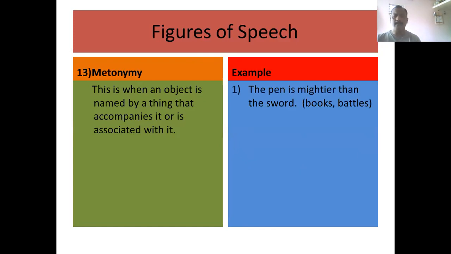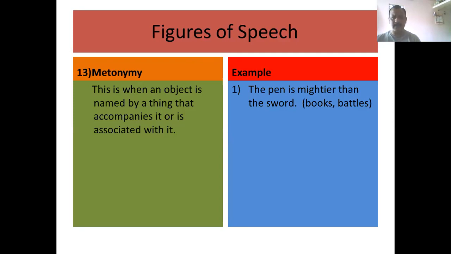Here the example is there. Pen is mightier than the sword. Pen is associated with books, or with the pen we can write a book. And in mightier than the sword, sword refers to the battles.